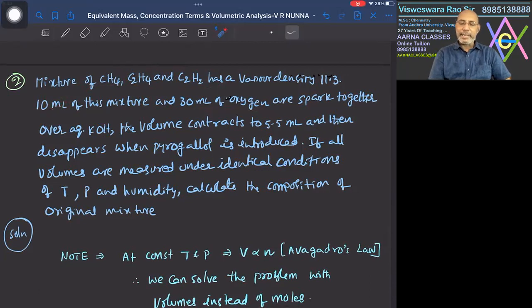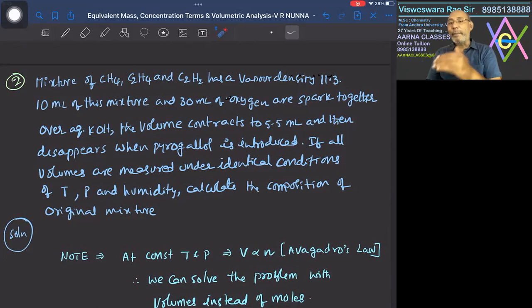10 ml of mixture and 30 ml of oxygen are sparked together and passed over aqueous KOH. The volume contracts to 5.5 ml. That means after removing all the carbon dioxide, the remaining volume is 5.5 ml. Carbon dioxide is removed by KOH, and the volume comes to 5.5 ml.